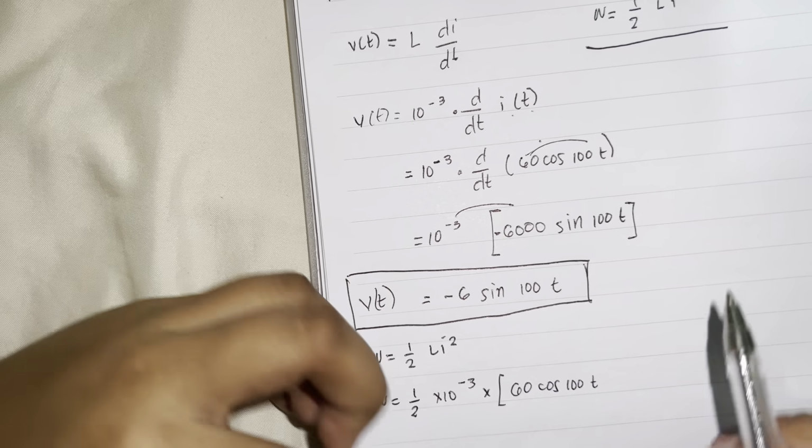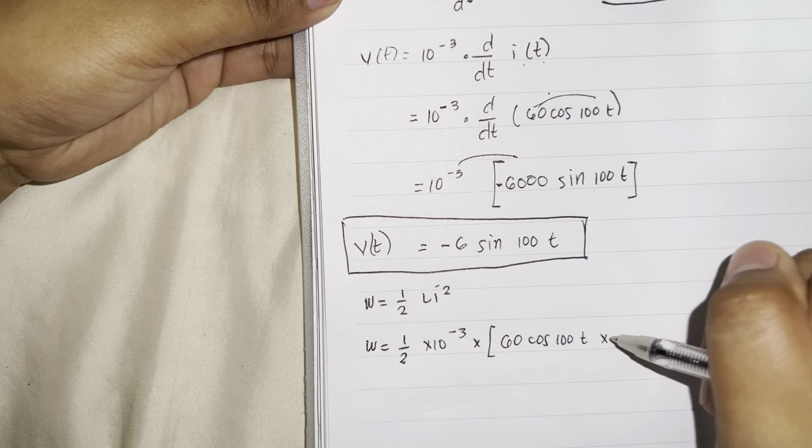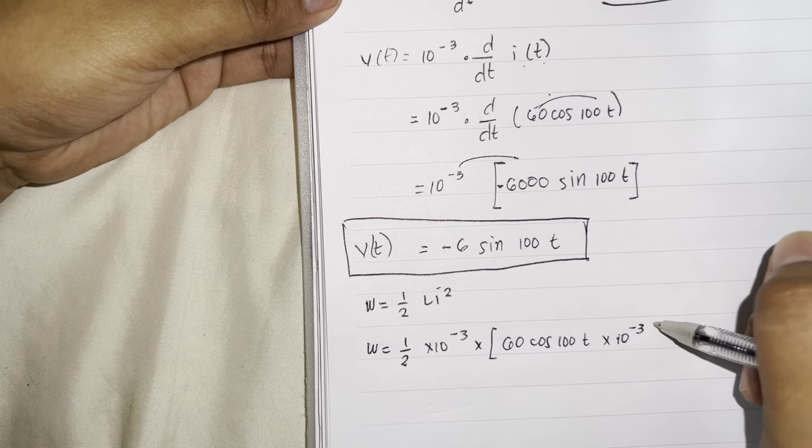Since the value of i is in milliampere, we will multiply it by 10 to the negative 3 before we square it.